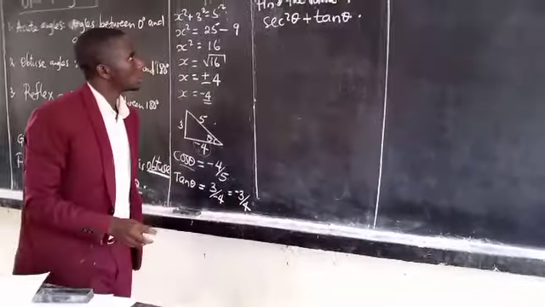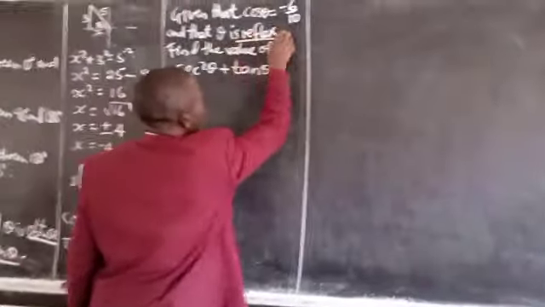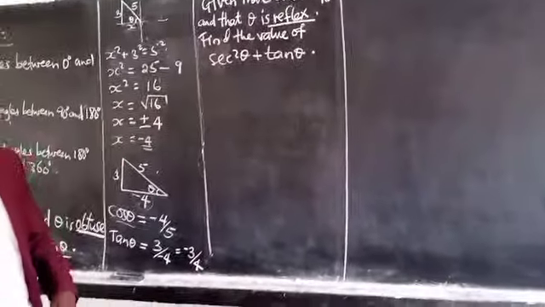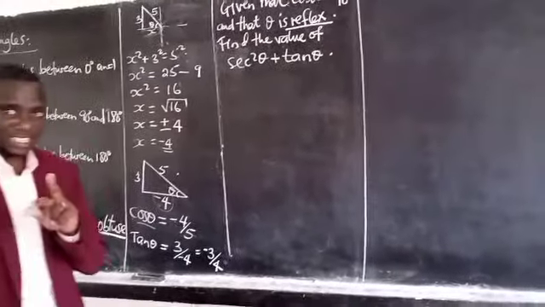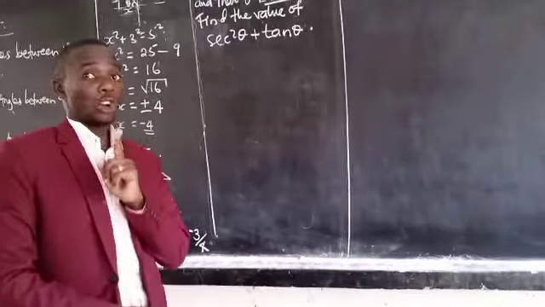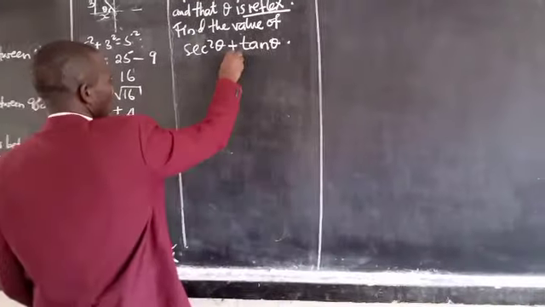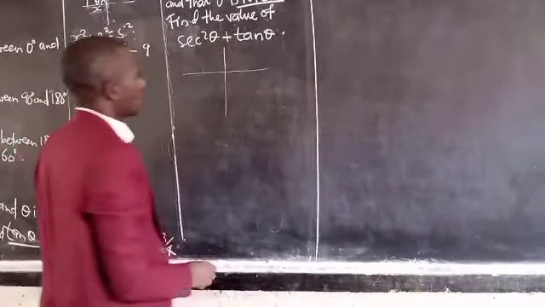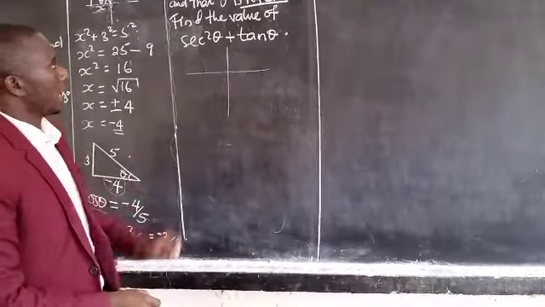We have that theta is reflex. What does it mean? It is in the third or the fourth quadrant. So it is either here or there.